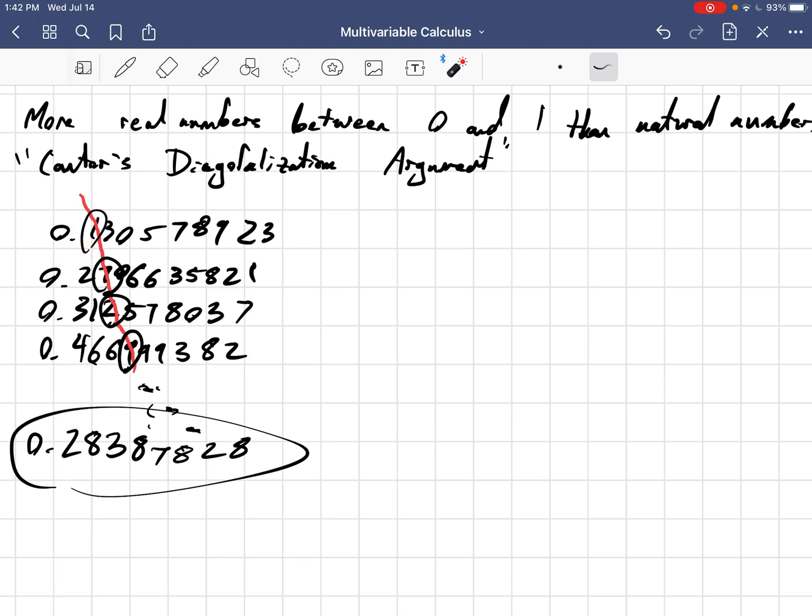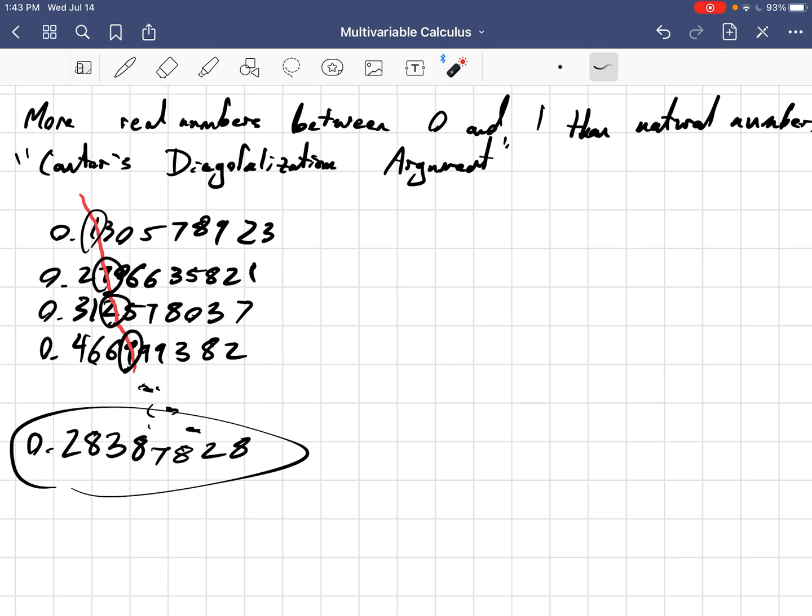Because this first digit isn't the same. This second digit isn't the same. This third digit isn't the same. This fourth digit isn't the same. And so at least one, if not more, of the digits on this new number has to be different from the digits on all of the other possible numbers on that list. And so therefore, we've created a new number that is not on our infinite list of real numbers.